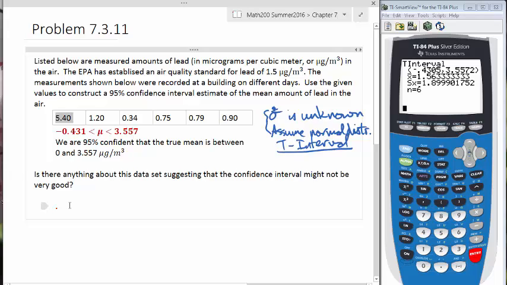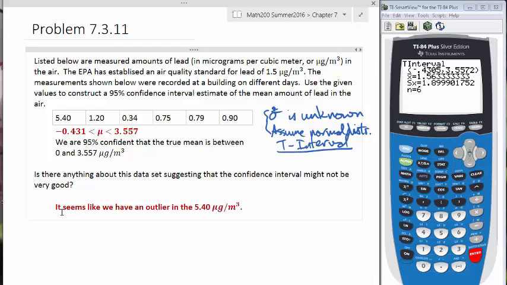So that seems like it's quite a bit. So we seem to have an outlier that might skew this particular set of data a little bit too much to the higher end. So it seems like we have an outlier in the 5.40 micrograms per meters cubed as a measurement.